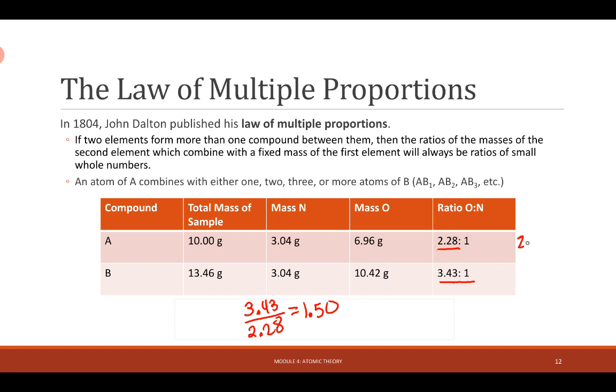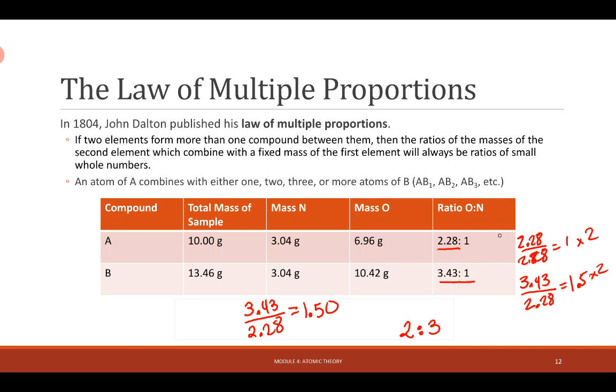So if you do 2.28 divided by 2.28, that's 1. And then if you do 3.43 divided by 2.28, that's 1.5. So now you can get rid of this half fraction by multiplying both by 2, and then you end up with them in a ratio of 2 to 3.